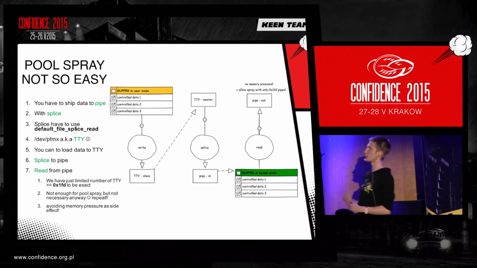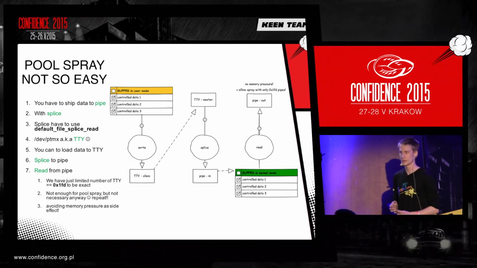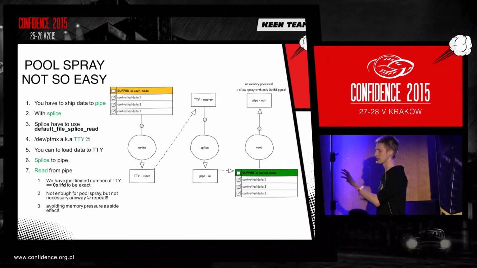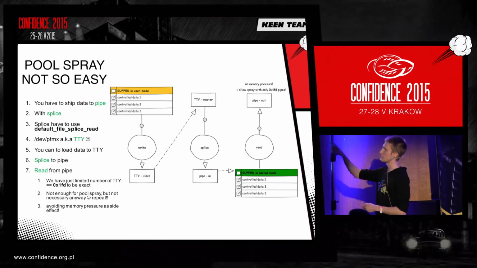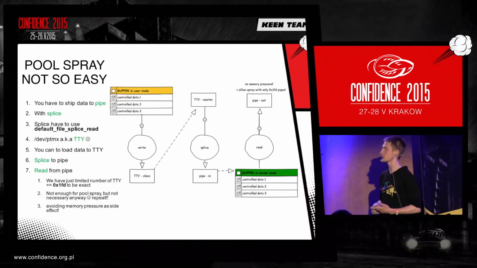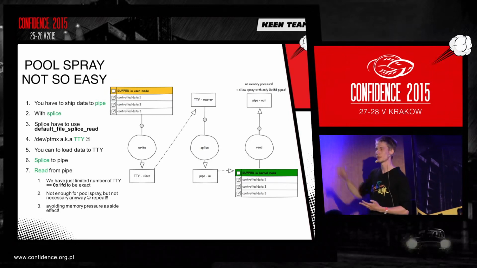But it's kind of complicated to do this pool spray in this way, because you need to use pipe and ship data to this pipe with splice, and take at the same time the default file splice write function. But for example, for sockets, for pipe, it took another function. But for TTY, it uses exactly this function that we need.